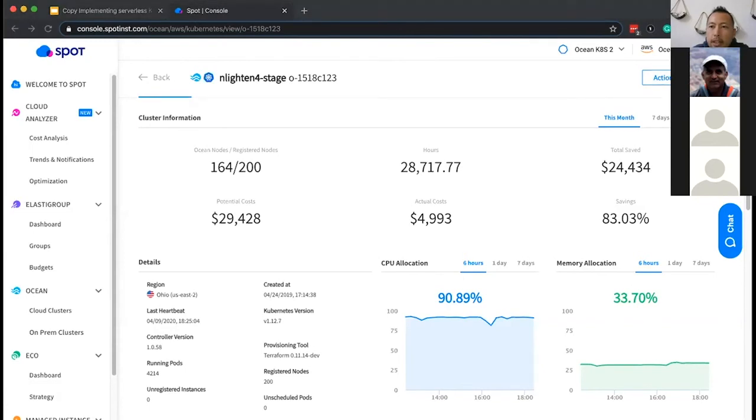Awesome. Elvis says, who determines the amount of savings? Yeah. So the savings is simply the aggregate of all the instances that are running today on Spot instances. We will track if they were to run as on-demand instances, what would they be at the MSRP price at the cloud?